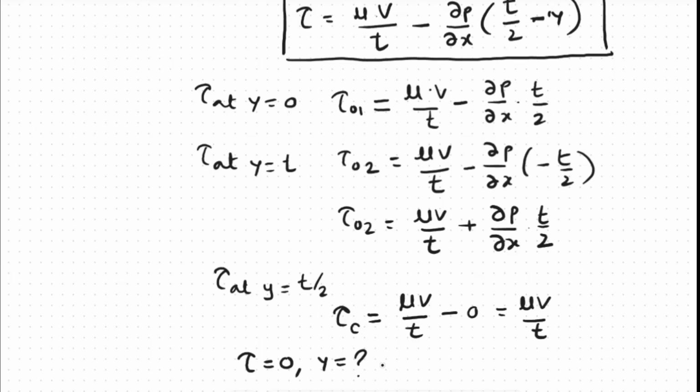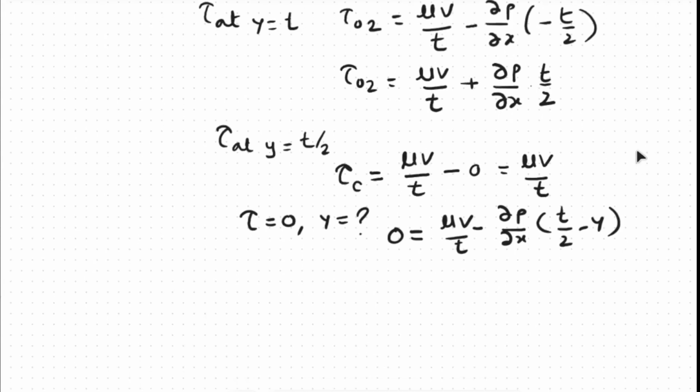Putting this value in the above relation, I am getting 0 equal to mu V by t minus delta p by delta x into t by 2 minus y. Now rearranging this equation for the value of y, minus mu V by t is equal to minus delta p by delta x into t by 2 minus y.